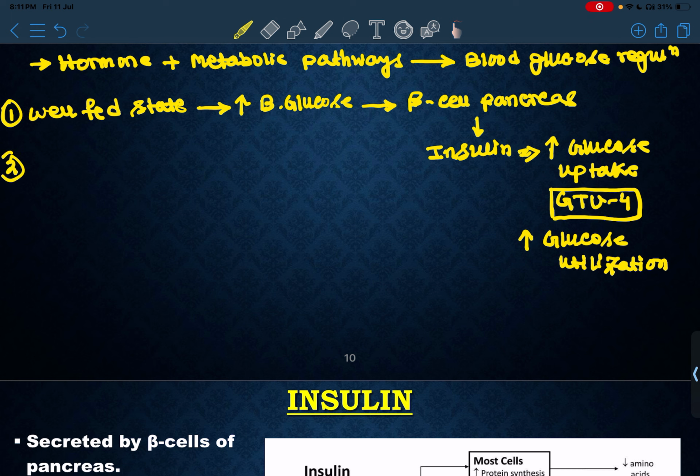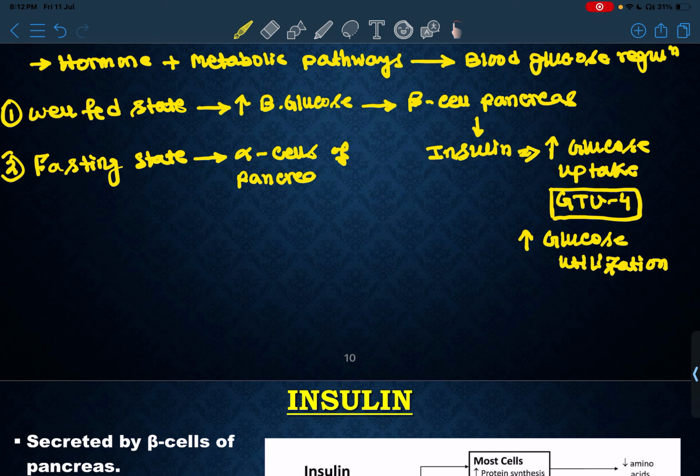Next is the fasting stage. In the fasting stage, how does our body regulate the glucose by these hormones? In the fasting state, our body releases glucagon from the alpha cells of the pancreas, which is a hyperglycemic hormone that increases the blood glucose and takes it to the normalized level.